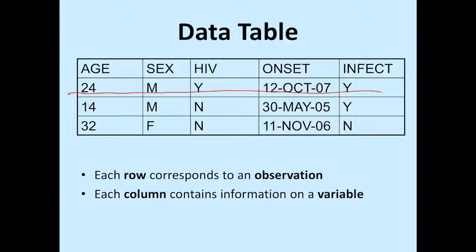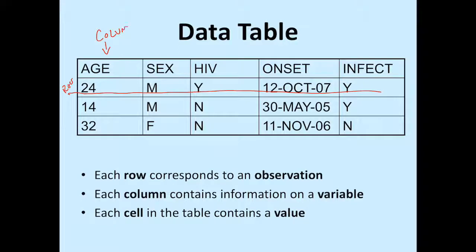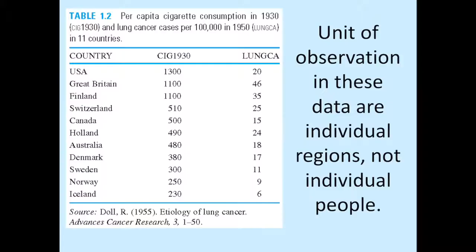Each column then contains information on the variable, and each cell in the table contains a value. So here we have our row, and here we have our column, and in each individual part, this is the cell.